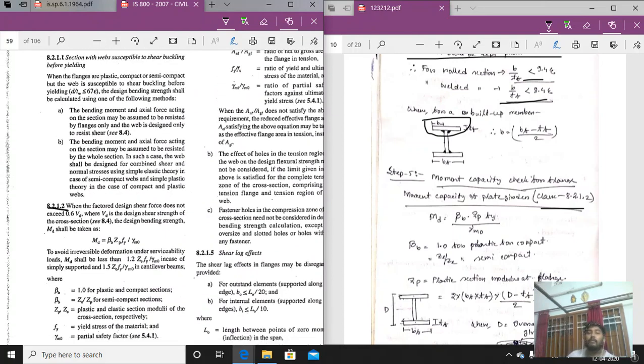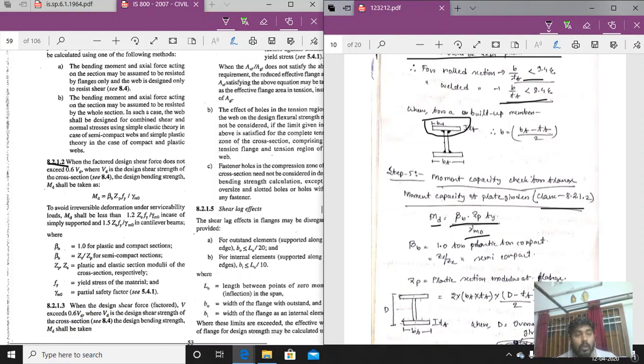So you know this formula, we have used it in the bending moment design also, in the beam design also. So the moment capacity is the formula beta B Zp fy by gamma m0. What is the beta B? Beta B that I have told you.